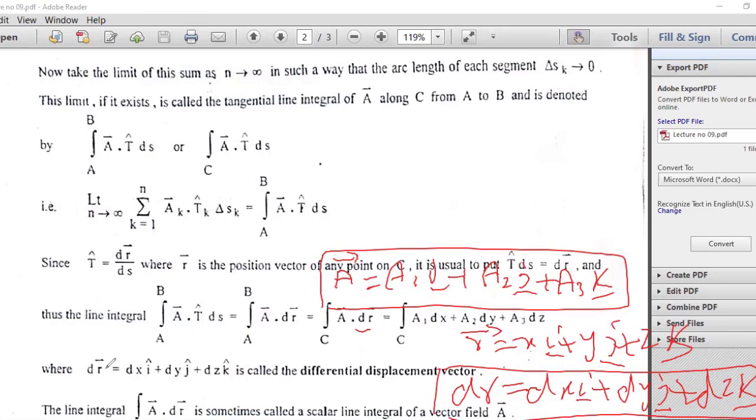This dr is called the differential displacement vector.